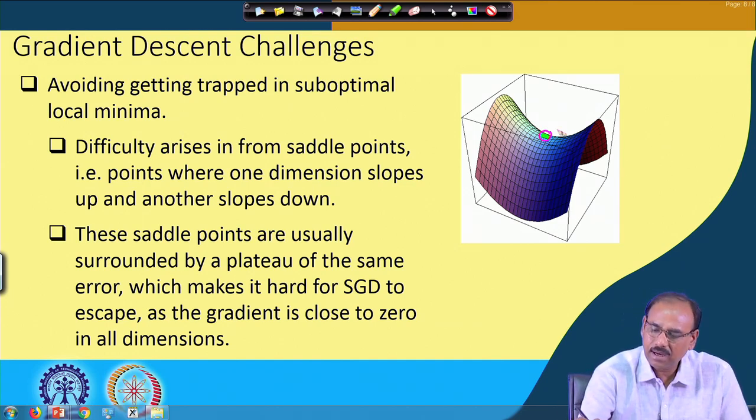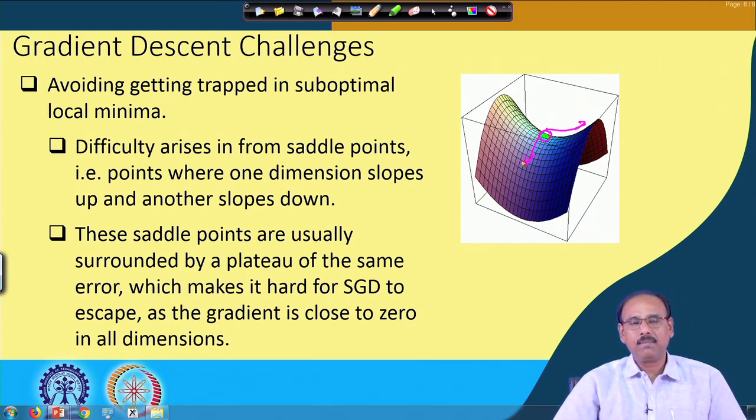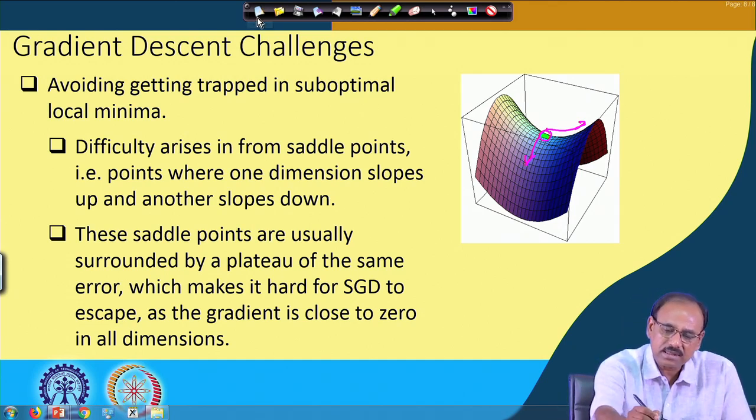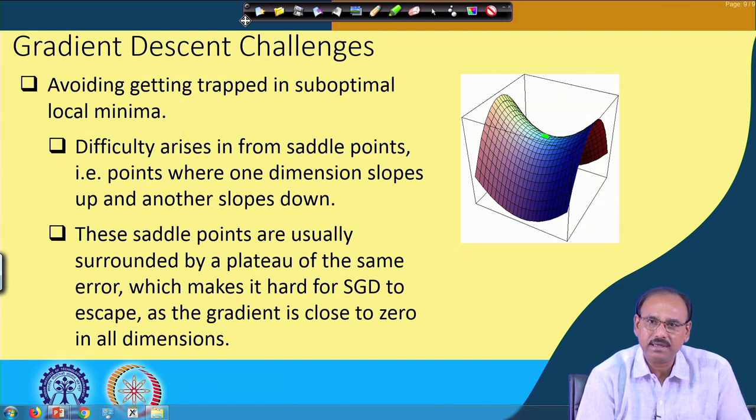So it is over here. In this direction the slope is rising, whereas in this direction the slope is falling. This is what a saddle point is. The challenge comes because these saddle points are usually surrounded by a plateau of the same error, over which the gradient value is negligible. And when it is so, the gradient descent algorithm or stochastic gradient descent algorithm finds it very difficult to come out of this problem. So these are the different challenges that we can have in gradient descent.